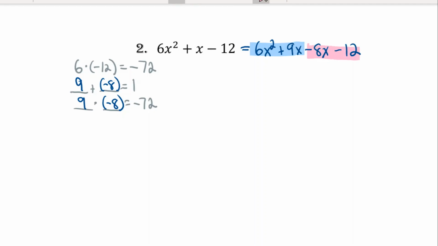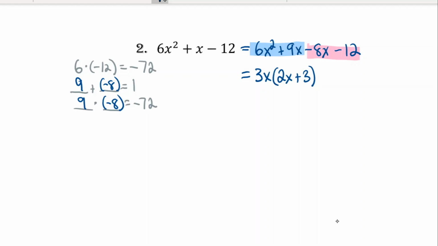So look at your first two terms. GCF of 6x squared and 9x is 3x. I can divide both of those by 3x. So 3x times 2x gives me 6x squared. 3x times 3 gives me 9x. All right, next one. We look at the GCF of negative 8x and negative 12.